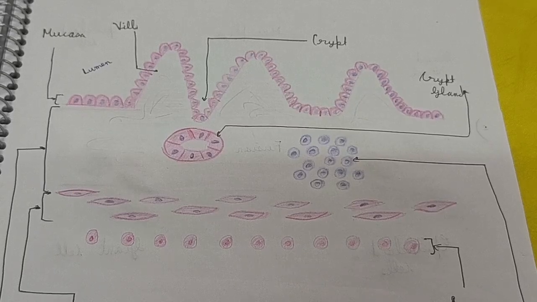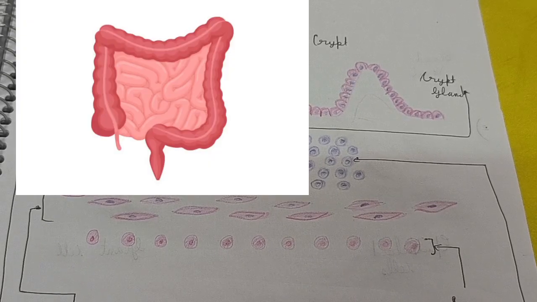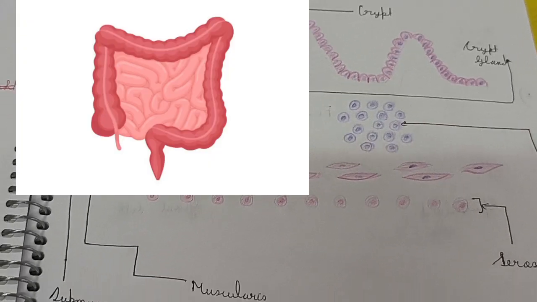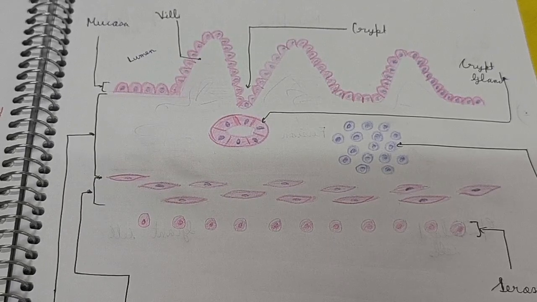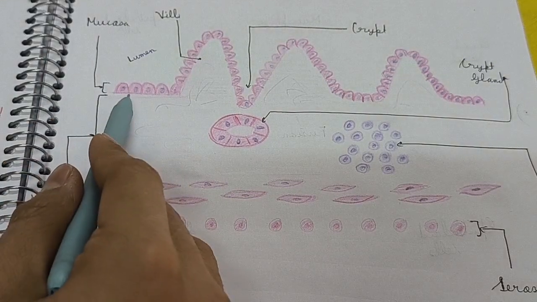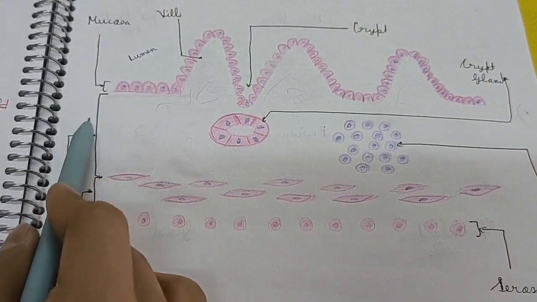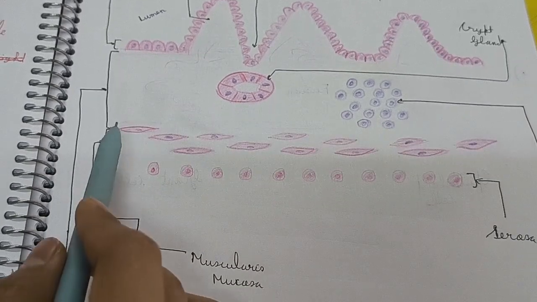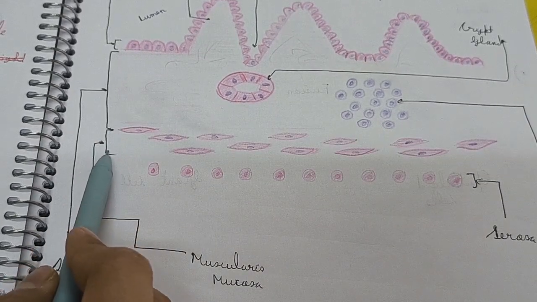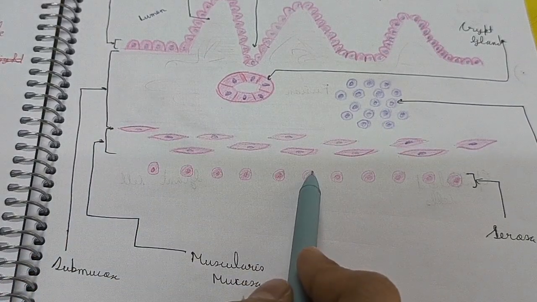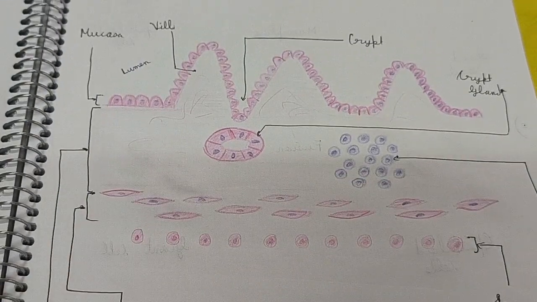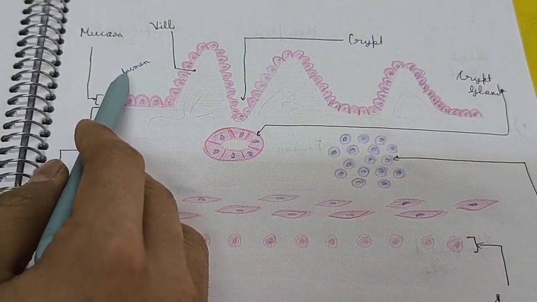See the normal histophysiology of intestine. First of all, you can notice that there are 4 layers. This is the mucosa, this is the submucosa, this is the muscularis mucosa, and this is the serosa layer. So there are 4 layers of intestine, and this is the lumen.